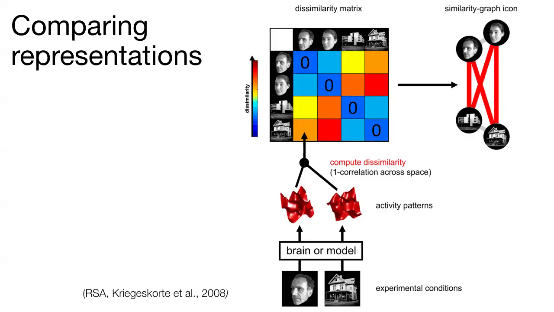You could create the same construct in the model. So far, the model and the brain are not talking to each other. You're just characterizing the representation in each of them. And then you could compare those characterizations to one another.